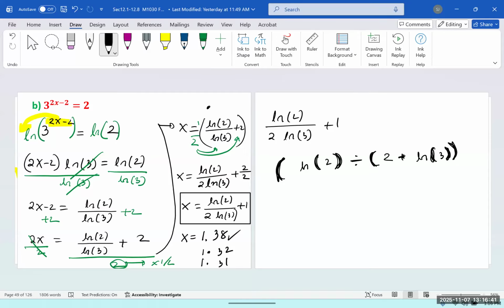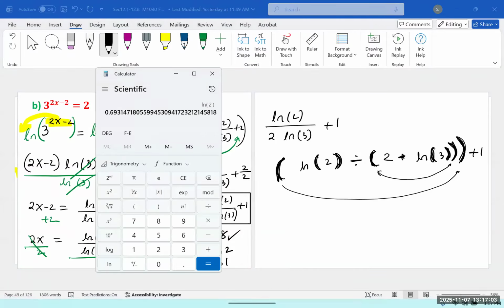I need to close these parentheses. So this parentheses is closing here. Now we need to close this parentheses, so we need a bigger one. And then plus 1. So a scientific calculator is very parentheses sensitive.